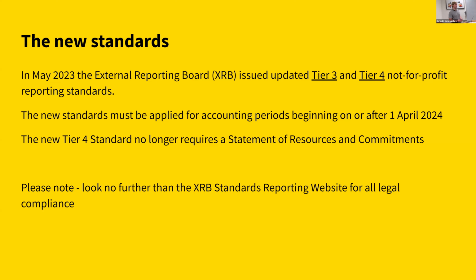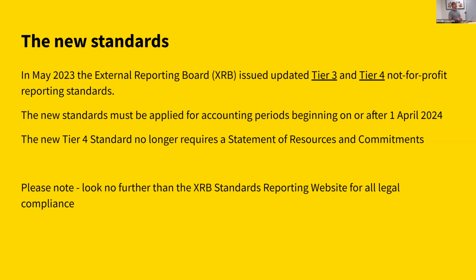And one of the major changes in this Tier 4 reporting is that the standard no longer requires a statement of resources and commitments. And I've just noted that if you have any issues with your preparation of your performance report, either come here to the DCA or look no further than the XRB standards reporting website.